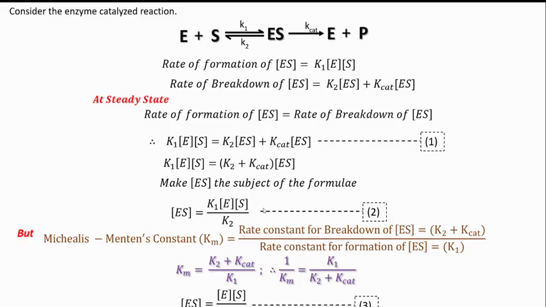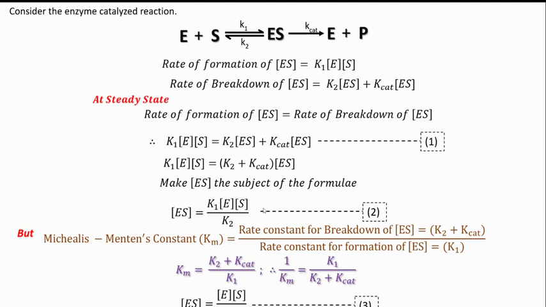Now, let's consider the catalyzed reaction. So E plus S will give you ES. The forward reaction rate is K1, the backward reaction rate is K2.